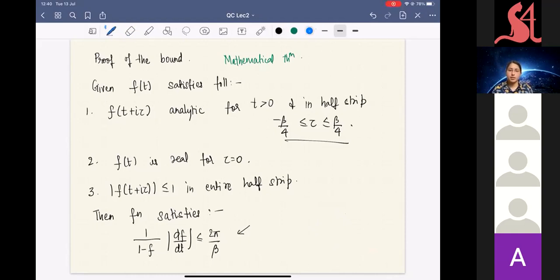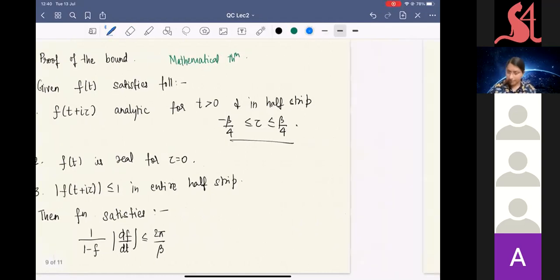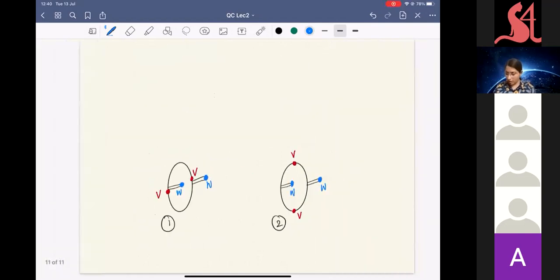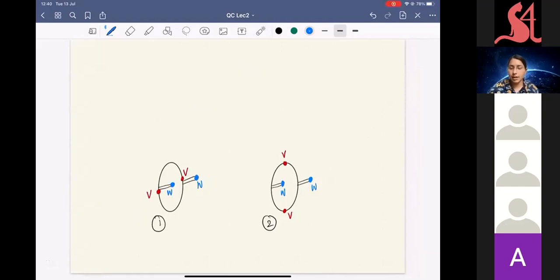Questions? Okay. Right. So now to try and show why the thermal out of time order correlator satisfies those 3 criteria of the theorem, let's again recall what the out of time order correlator was.